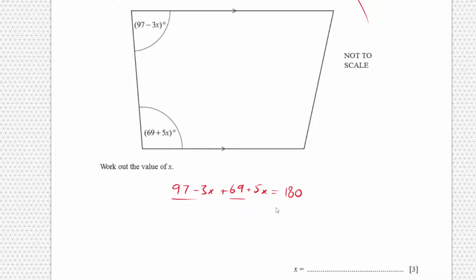Now we'll simplify. 97 plus 69 equals 166, plus 5x minus 3x is 2x. 2x equals 180 minus 166, so x equals 14 over 2. We added 166 on both sides, and divided by 2. Final answer is 7.